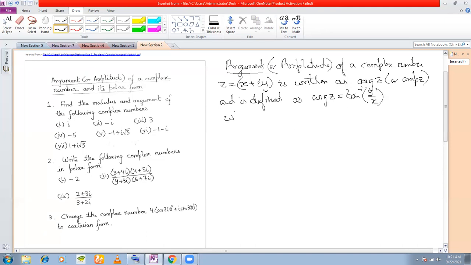Okay, where, very important, tan inverse y by x must lie between minus pi and plus pi.